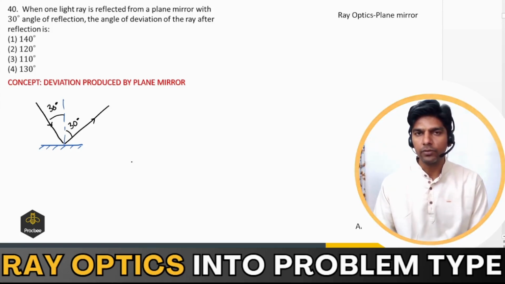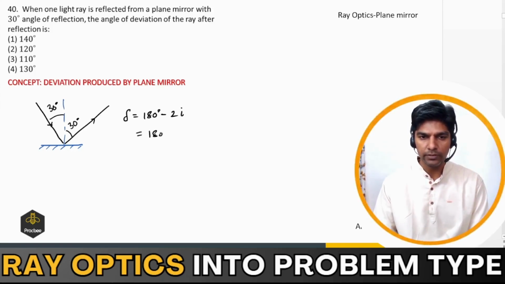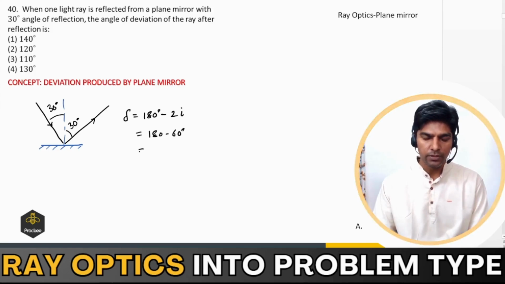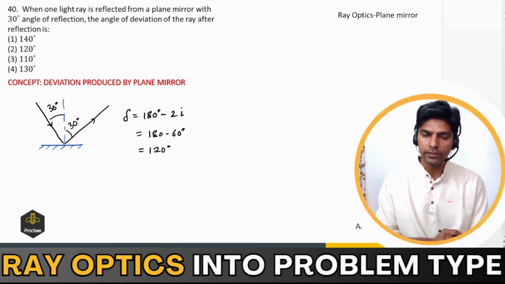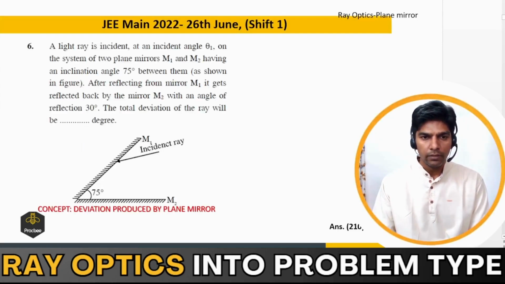And we have to find the angle of deviation. So the angle of deviation will be 180 minus 2 times the angle of incidence. So it will be 180 minus 60 degrees, which comes out to be 120 degrees. A very basic question. So option 2 is the right answer. Right. So now let us see one more question based on the same concept.